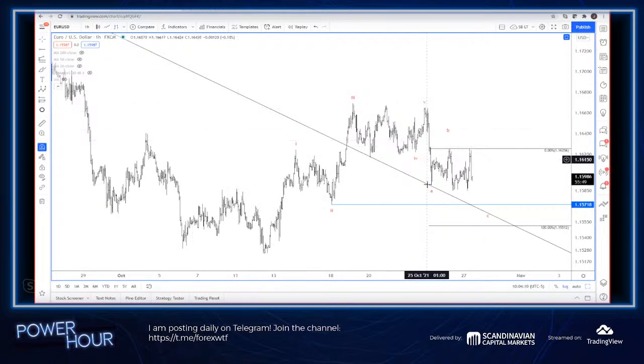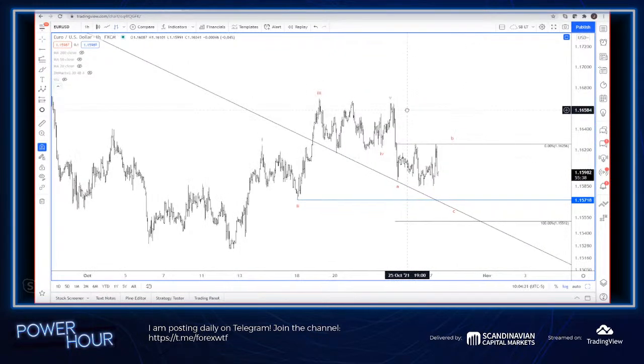All right, so we got the wave A down, probably consolidating over the last 2 days in what's a choppy B wave. Again, ECB tomorrow, so don't expect any huge resolution until we get tomorrow's news.